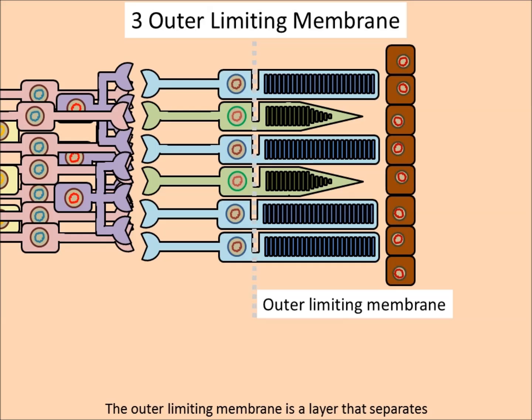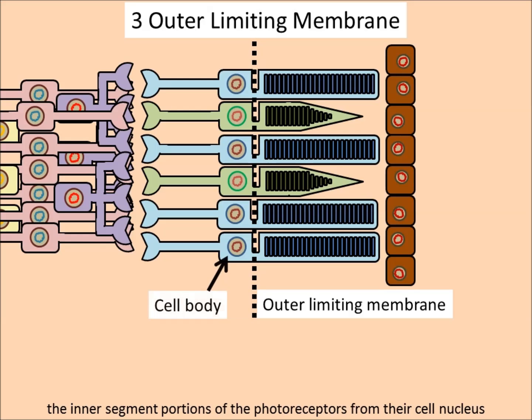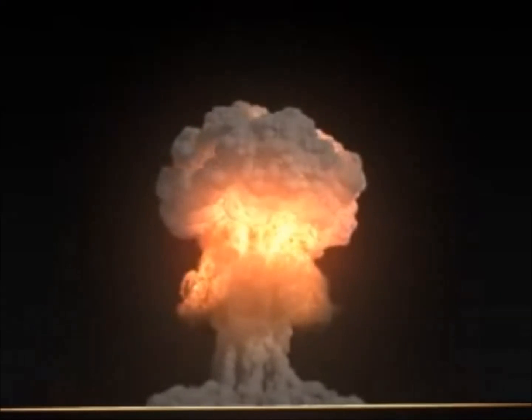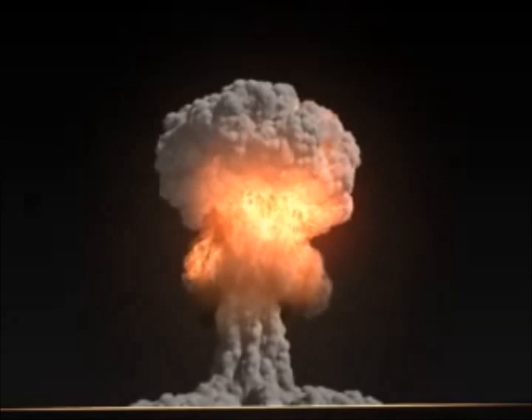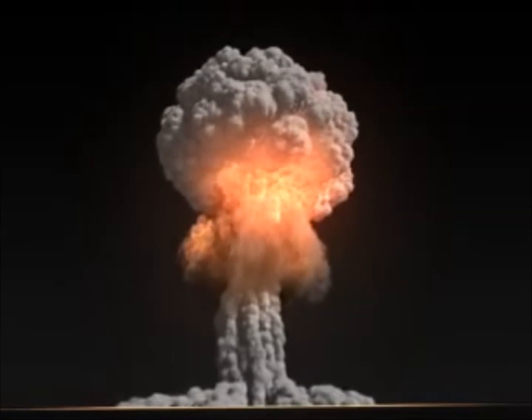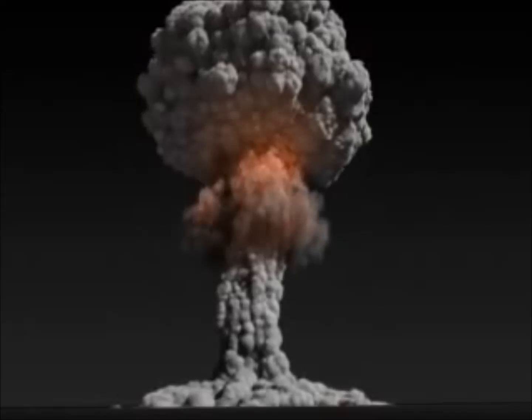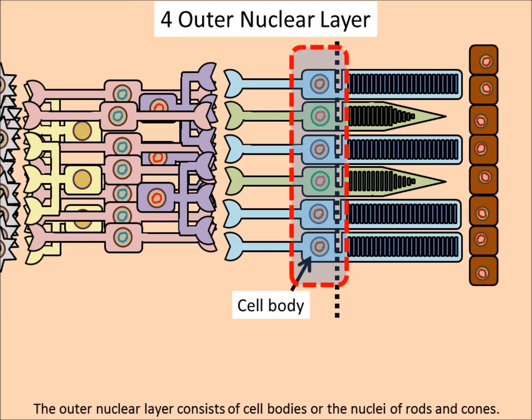The outer limiting membrane is a layer that separates the inner segment portions of the photoreceptors from the cell nucleus. The outer nuclear layer consists of cell bodies of the nuclei of rods and cones.